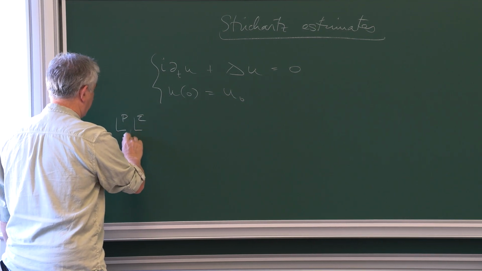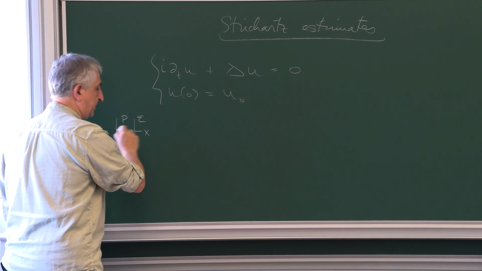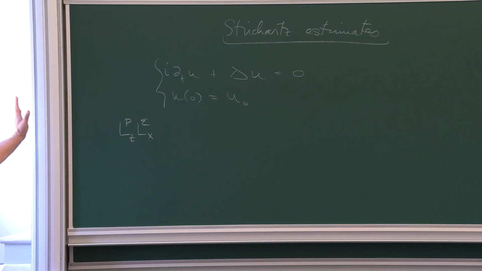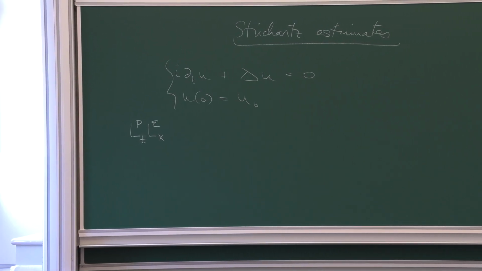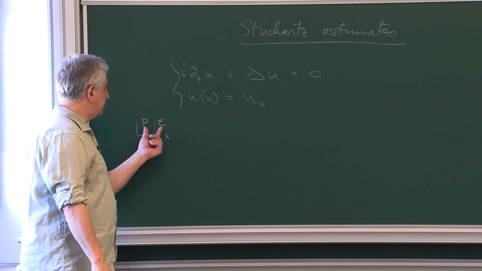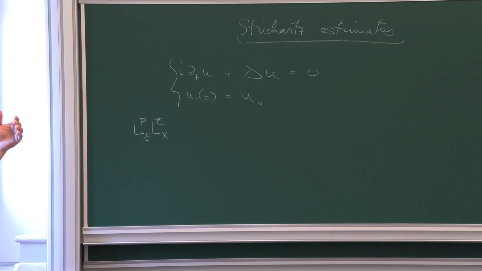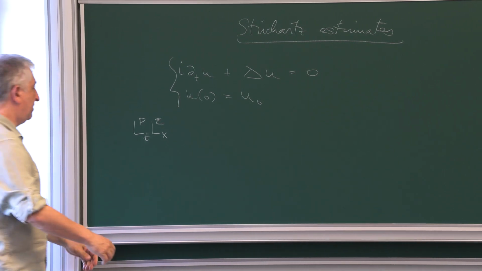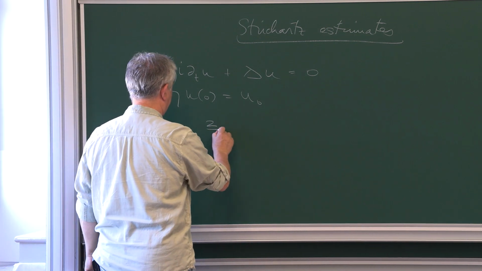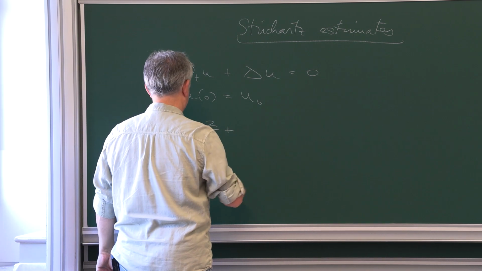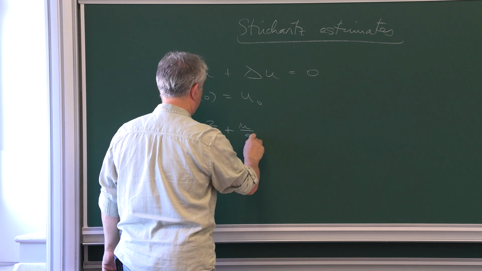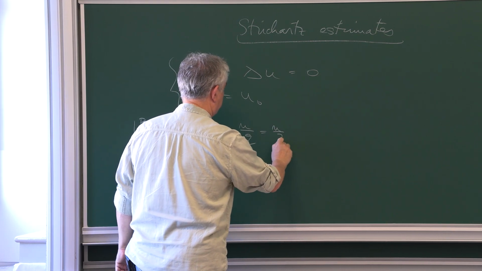The first index for me will always be time, the second will be in x. I'm putting this here, and I'm not going to repeat this. The indices p and q, you have some notion of sharp Strichartz estimates, the best indices that you could put in there. Those are the indices which satisfy 2 over p plus n over q is equal to n over 2.